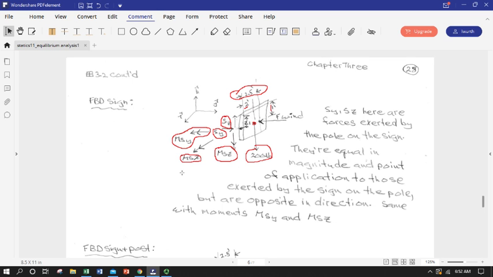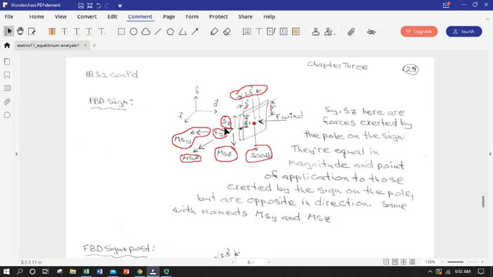And again, this one tends to be the least intuitive, but some people just see it right off, and we know it's there. Okay, so just to recap, S sub y and S sub z are forces exerted by the pole on the sign. So if we want to do an FBD on the pole, these same forces, same magnitude, opposite direction, we would slap straight onto our FBD.